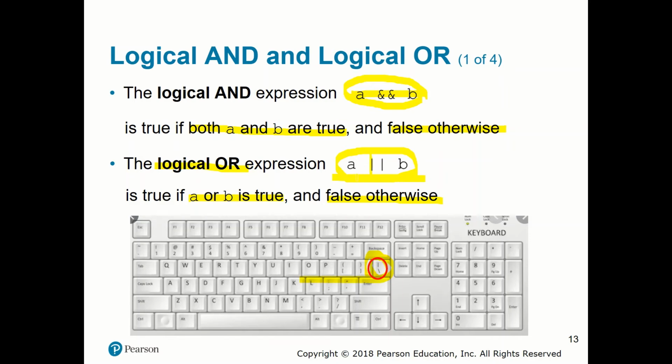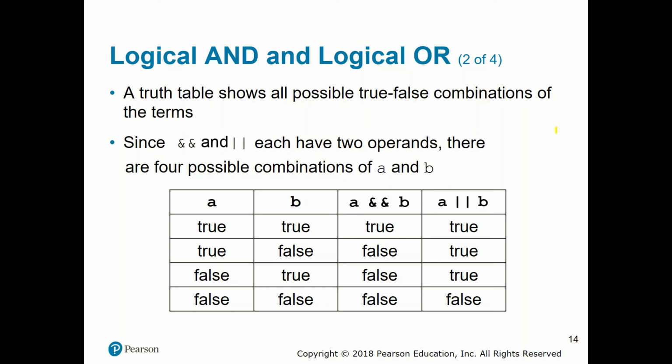We will look at more detail. A truth table shows all possible true-false combinations of the terms. Since the AND operator and the logical OR operator each have two operands, there are four possible combinations of A and B: true, true; true, false; false, true; and false, false.